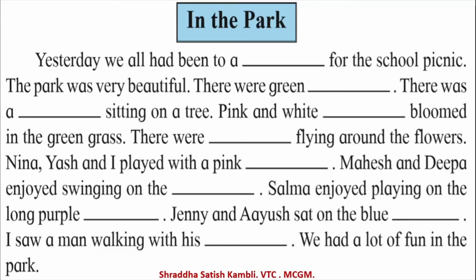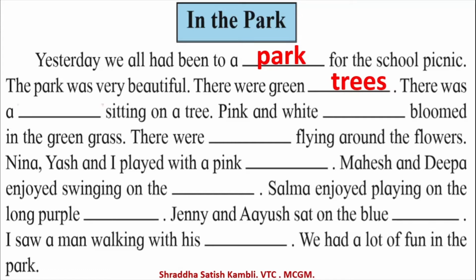So in the park, yesterday we all had been to a park for the school picnic. The park was very beautiful. They were green. Yes, what was green? Very good. There were green trees. There was a dash sitting on a tree. Now, who was sitting on the tree? Yes, think. Who was sitting on a tree with a banana in his hand?